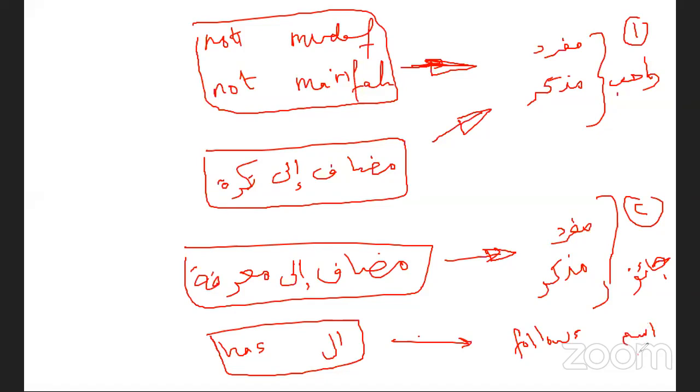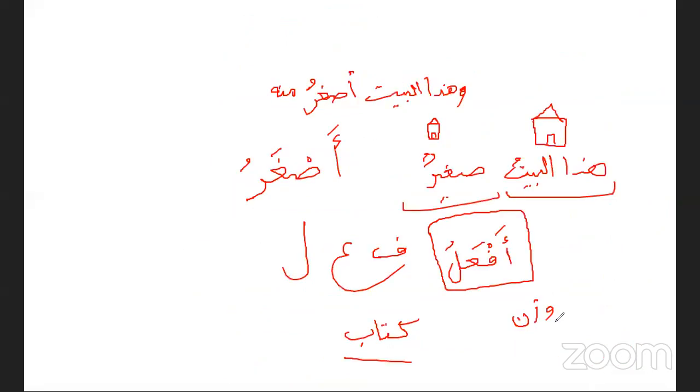So there are two sides to the equation of ism tafdil. We have ism tafdil and we have ism mufaddal. Sorry for the handwriting down the bottom there. Ism tafdil is what we said already in the pattern of af'alu.